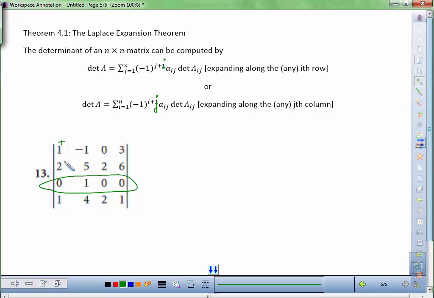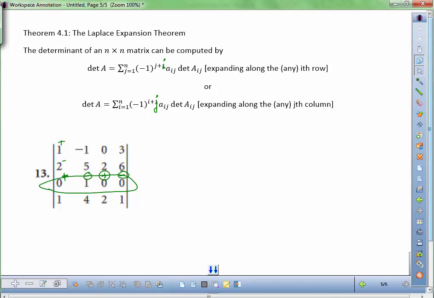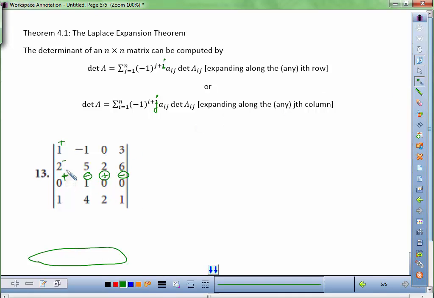This is a positive, this is a negative, this is a positive. So if I were to expand on the third row, I would start off with a positive here, a negative for 1, a positive for this 0, and then a negative again for this 0. Not that we're going to use that, but because it's 0. But if we expand on the third row, these are the signs that we're going to be looking for.